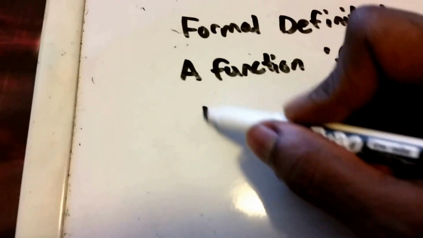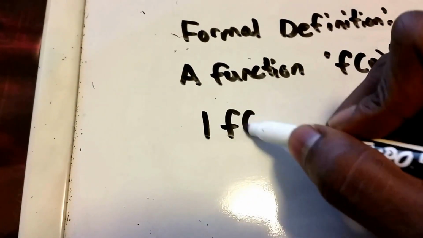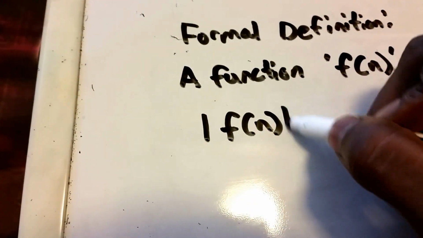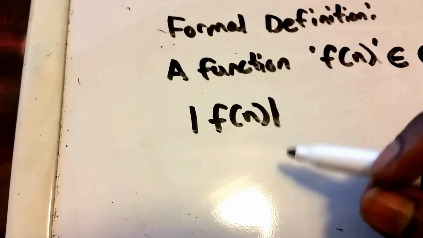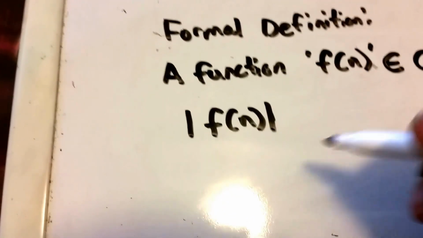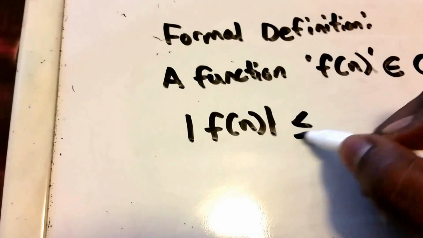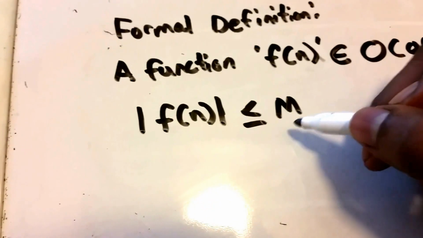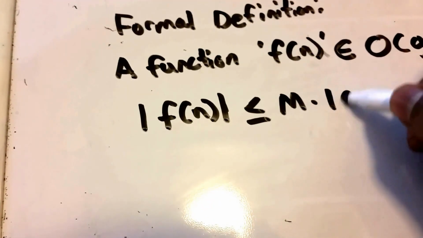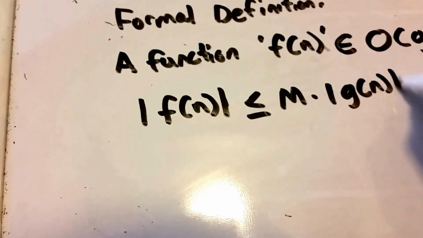the absolute value of f of n, so that means that our function is in the positive quadrant if you were to look at it on a two-dimensional graph, grows less than or equal to some constant m, and actually m is a positive constant, times the absolute value of g of n.